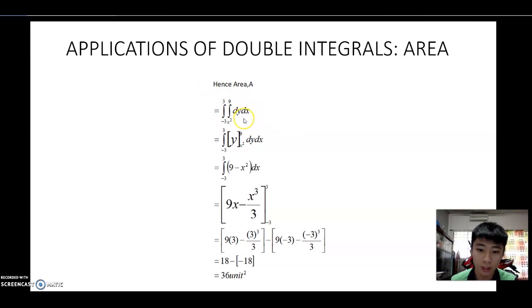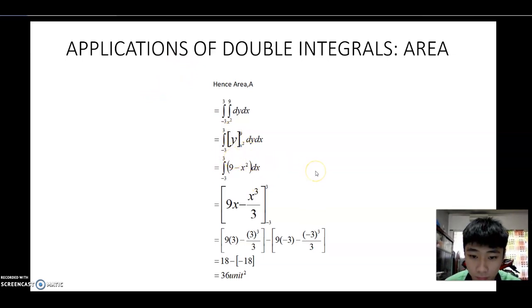When we get the function like this, the next step is we have to integrate this function. So we will get the function of y. What we do is replace the variable y with 9 and x squared. So we'll get the function like this.